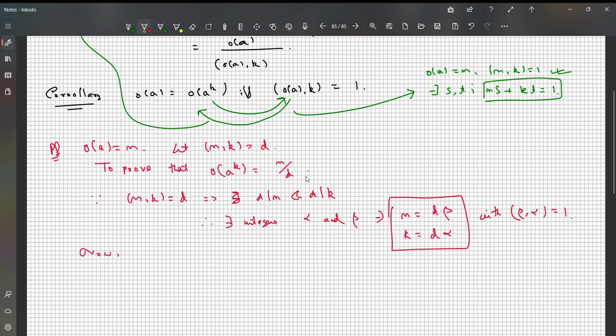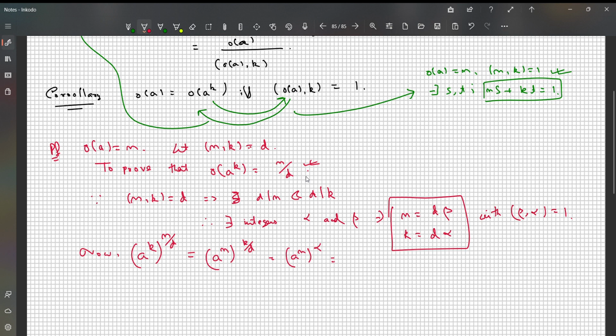Now, we have k written as d alpha, right? Now, observe that (a to the power k) to the power n by d is equal to a to the power n times k by d, and k by d is nothing but alpha.